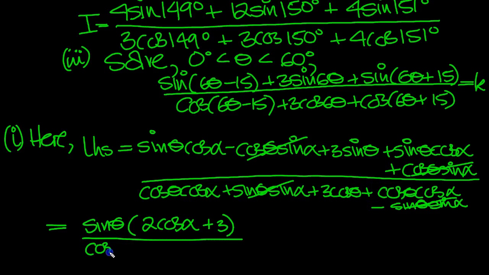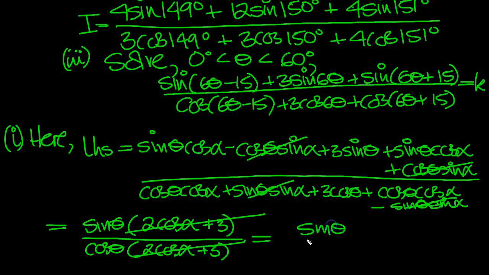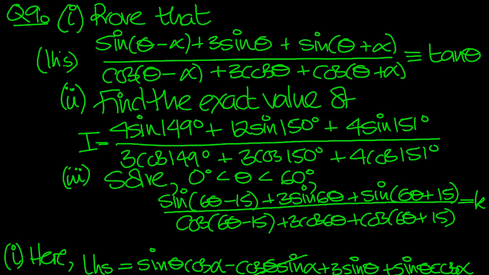So let's take out the cosine theta as common, and we've got 2 cos alpha plus 3. Now these two cancel, top and bottom. So sine theta over cosine theta, and that's equal to the tangent of theta. So that's what we wanted to show for part 1.